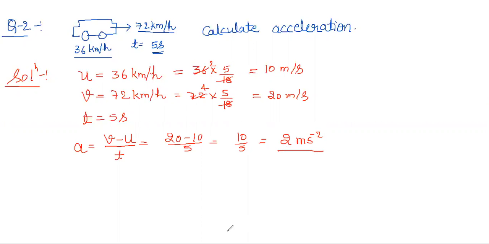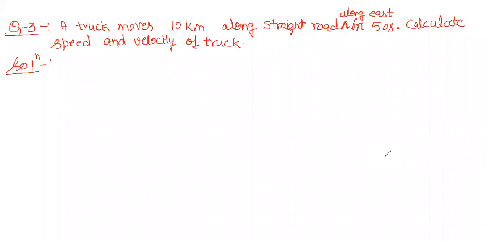This is the next question. A truck moves 10 kilometer along a straight road towards east in 50 seconds. Calculate the speed and velocity of the truck. Firstly, what is the distance? Distance is 10 kilometer. What is the displacement?